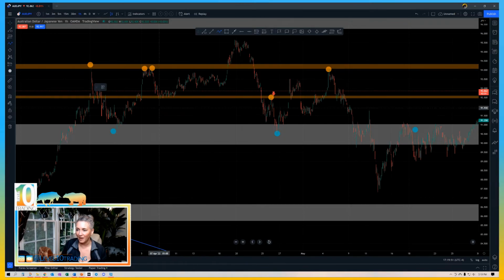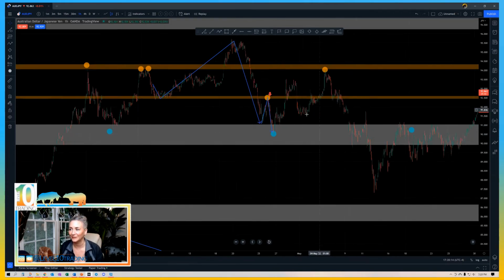Price came up, was respecting that zone here, came up, blew through with no respect to that zone here, comes down to right here, and then retests that zone, which is an absolutely valid entry before we would hit the next zone and hopefully have taken some profit there.